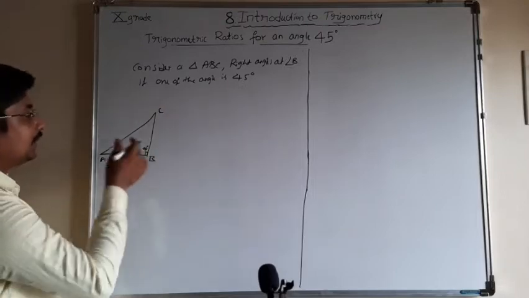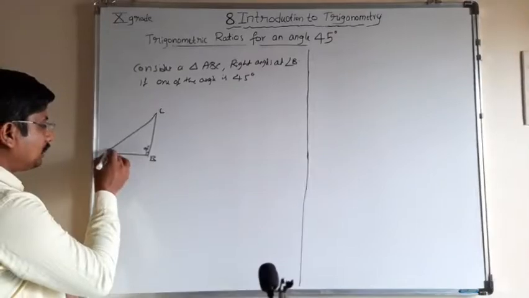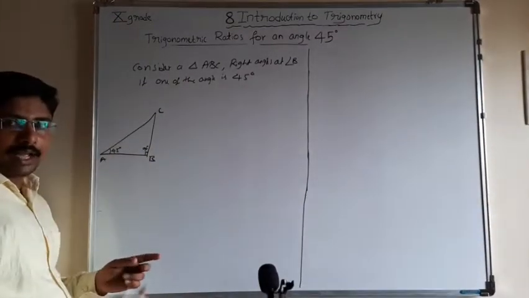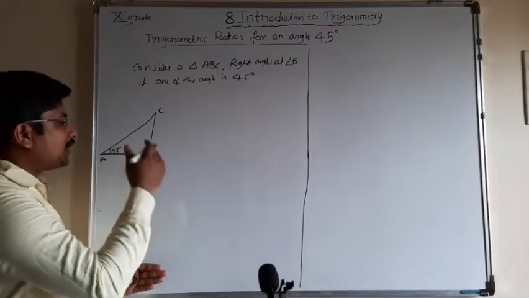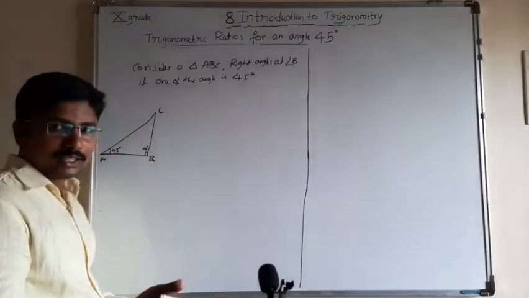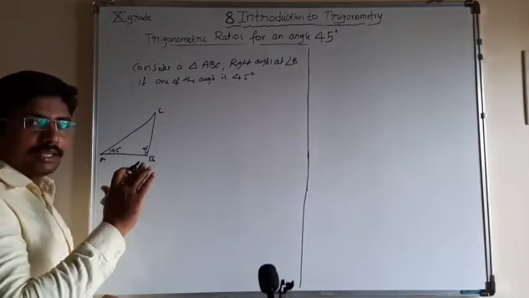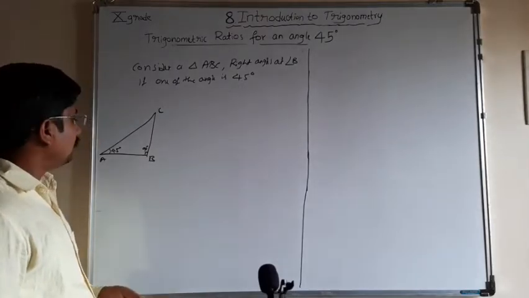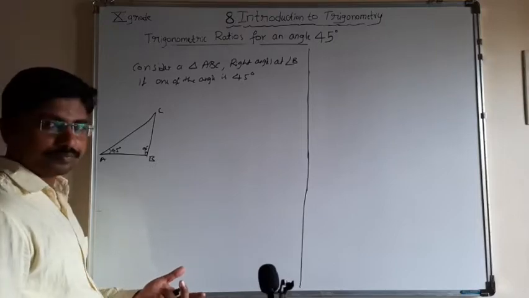If one of the angles, either A or C, is 45, I will consider angle A is equal to 45. Then what about the other angle? By angle sum property, angle A plus angle B plus angle C is equal to 180 degree. 90 degree plus 45 degree is 135 degree. Transposing to the RHS, 180 minus 135 will be 45 degree.